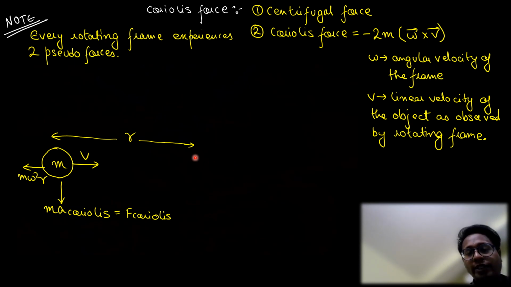So if you point your thumb along omega and index finger along v, you'll get the middle finger, which is the resultant, in upward direction. And minus of any vector in upward direction is downward direction. So the direction of Coriolis force would be determined by this cross product.